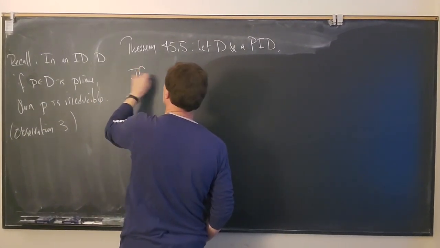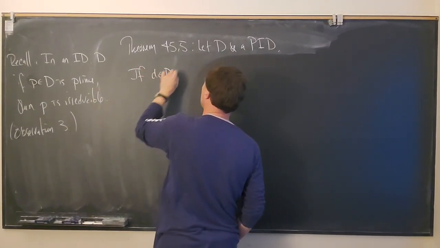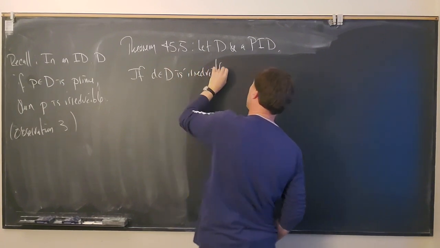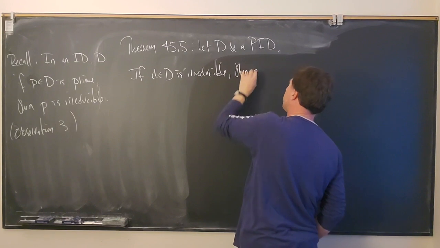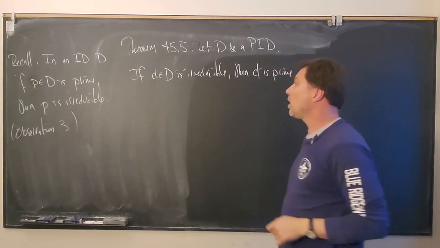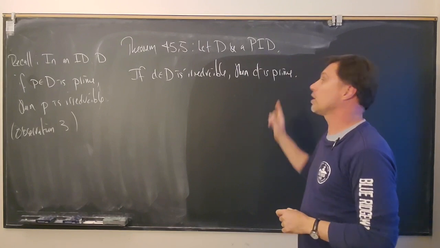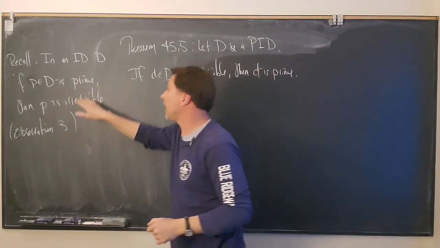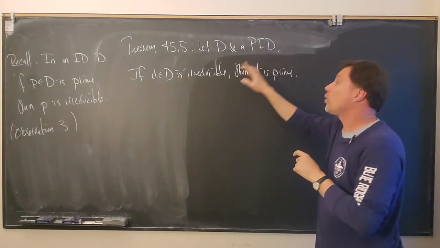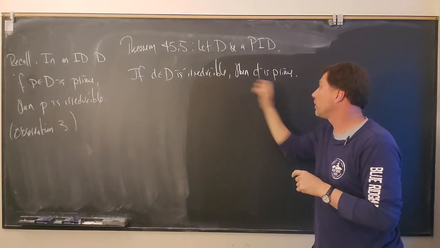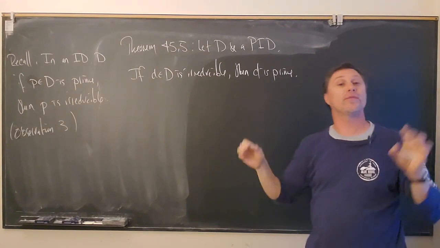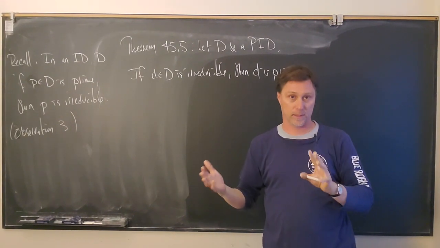If little d in capital D is irreducible, then d is prime. So in a principal ideal domain, we already know that prime implies irreducible in general, and now in a PID we have the converse: irreducibility implies prime. That means that in a PID, the notions of irreducibility and prime are exactly the same.